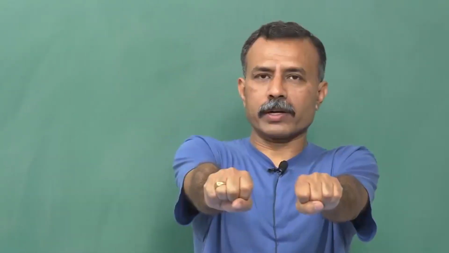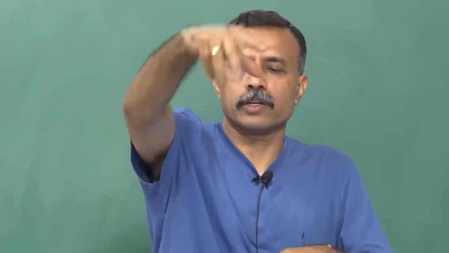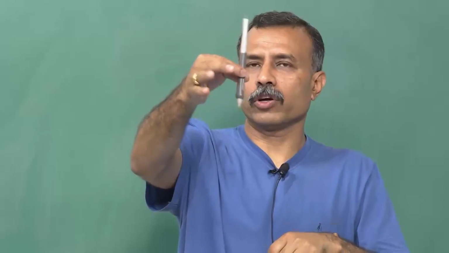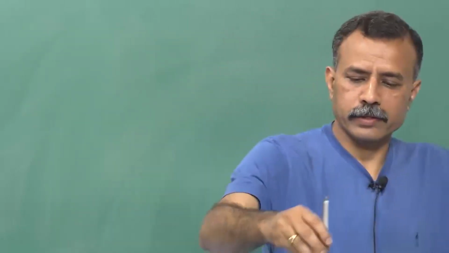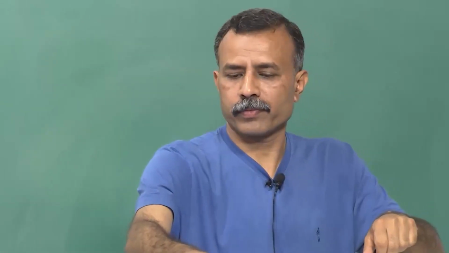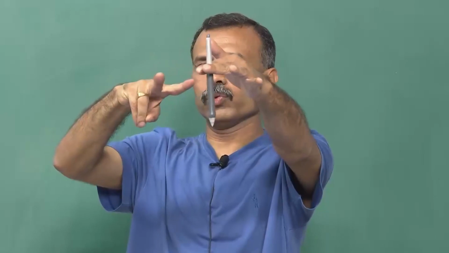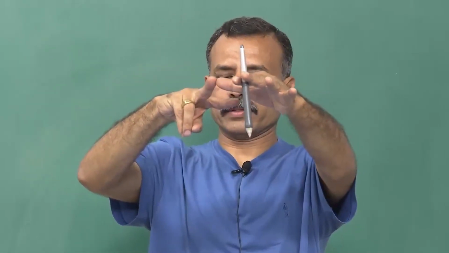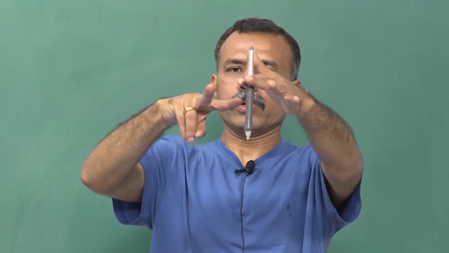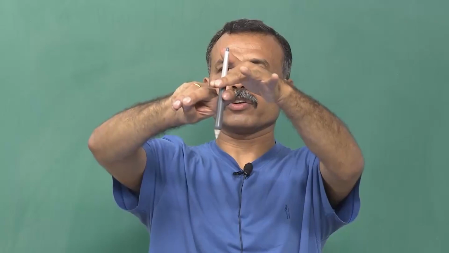So, if these two are starting and there is an electron sitting somewhere out here, and these are my two hands, say for example, I place them like this, and one is fluorine and the other is silver. Who is going to pull the electron faster? This fluorine. So, this is going to capture the electron faster.